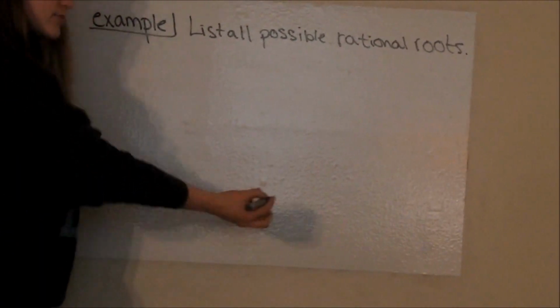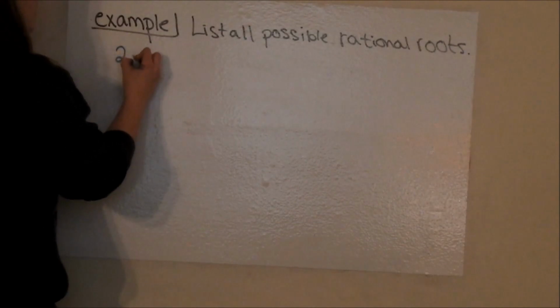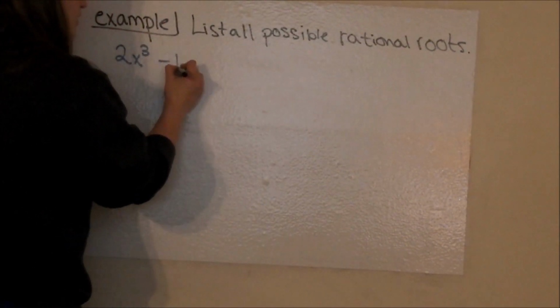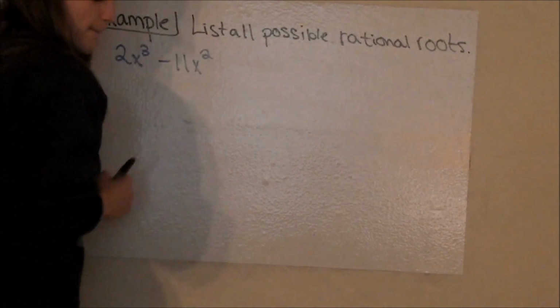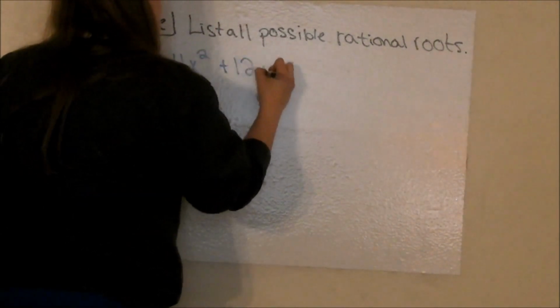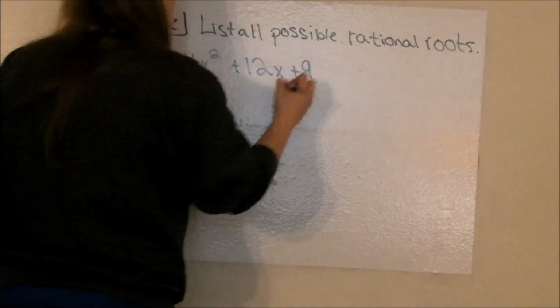So we have 2x cubed minus 11x squared plus 12x plus 9.